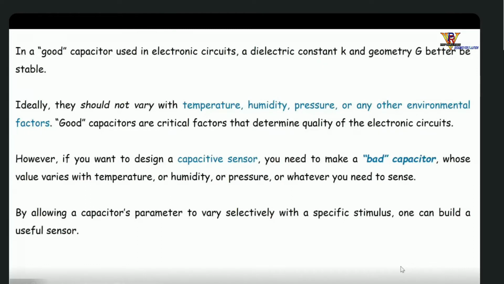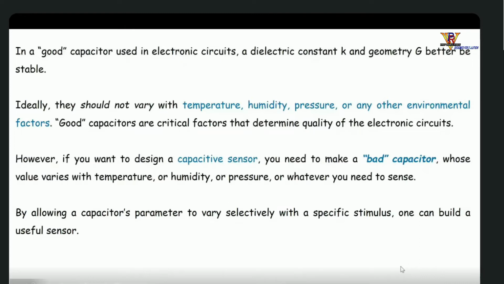With respect to change in frequency and temperature, the geometry of the capacitor and the dielectric constant must be stable. But this is true for electronic circuits. Ideally, they should not vary with temperature, humidity, pressure, or any other environmental factors.